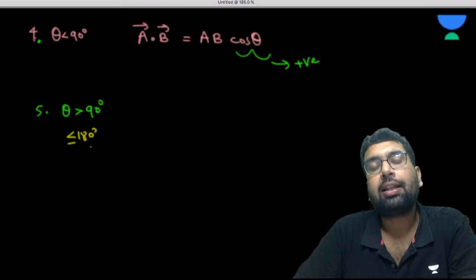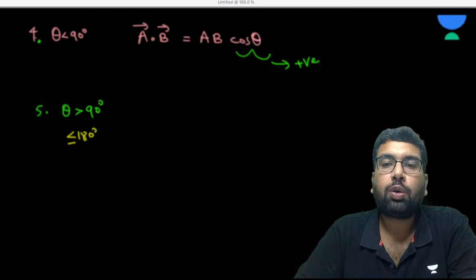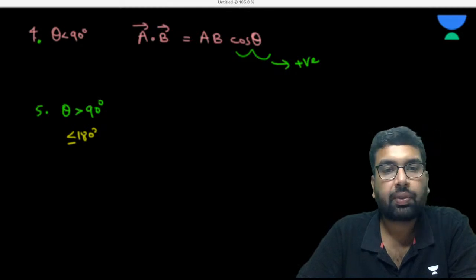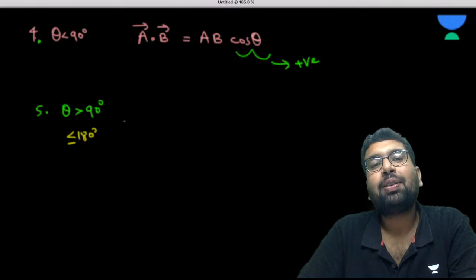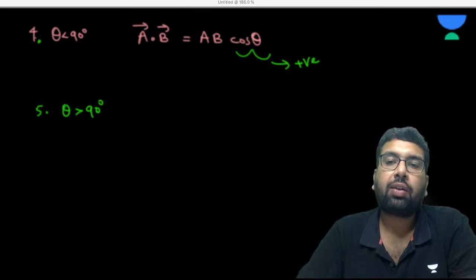because less than or equal to 180, because what is the angle between two vectors? It is always at most 180. This is what I meant. Students start relating that if it is going into the third quadrant, what is going to happen?